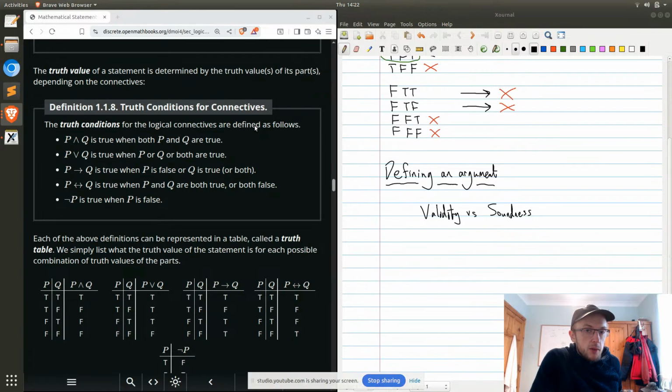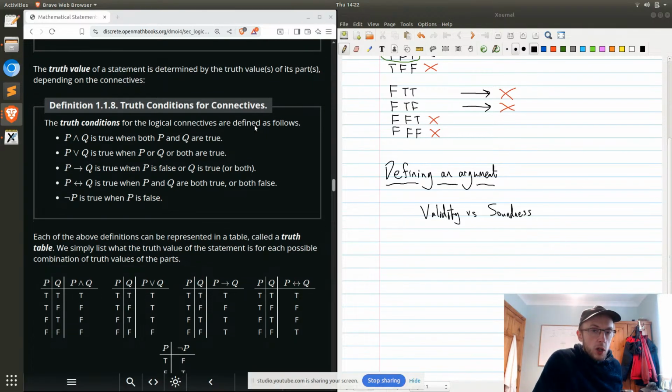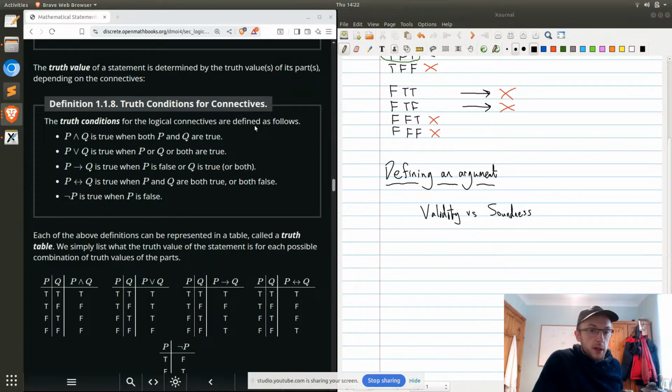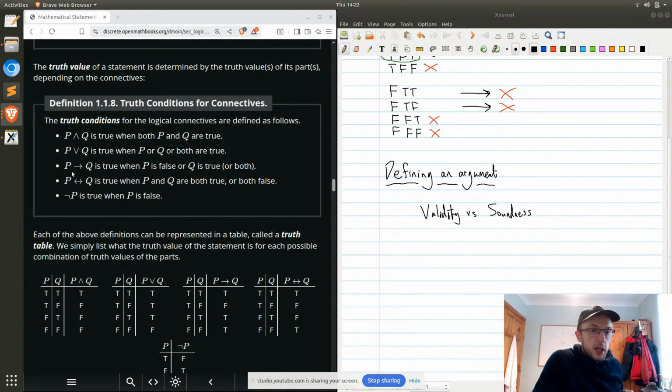P implies Q is true when P is false or Q is true or both. I think actually the implication binary connective, logical connective, is better captured by a truth table, as we're about to see. And P if and only if Q is true when P and Q are both true or both false. And not P is true when P is false.